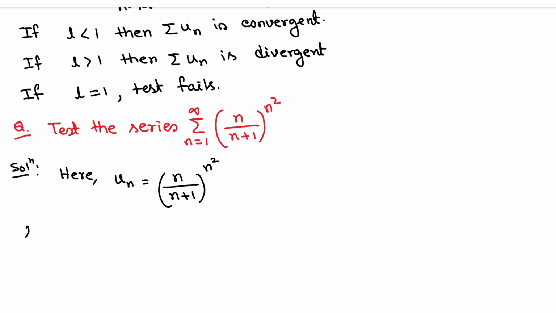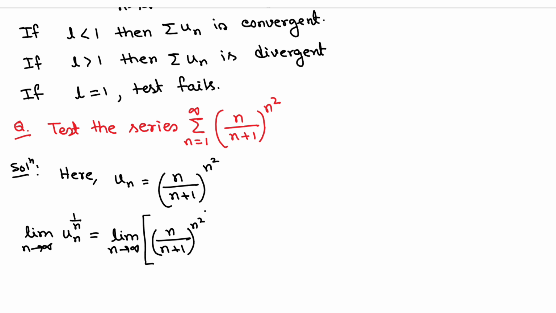So limit n tends to infinity un to the power 1 by n is equal to limit n tends to infinity, that means n by n plus 1 whole to the power n square, this is un, and power of un is 1 by n.